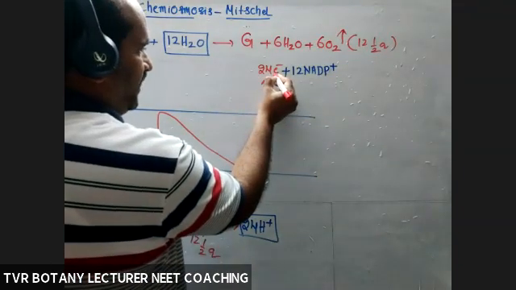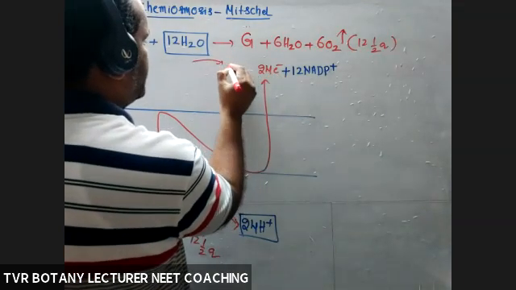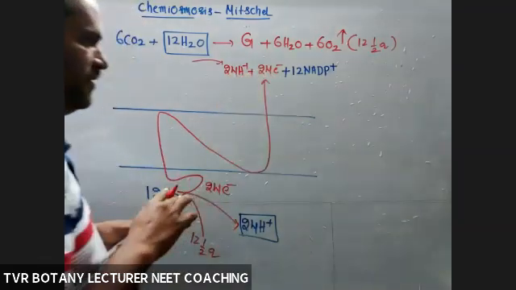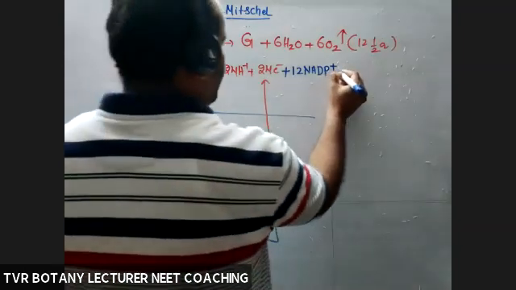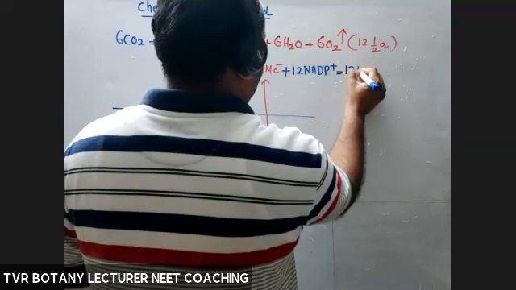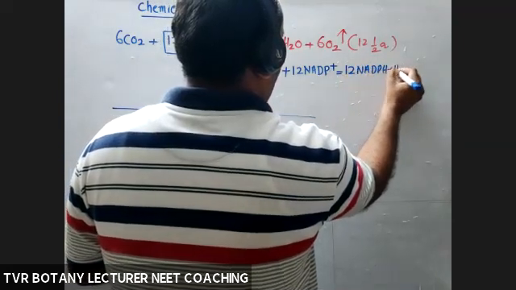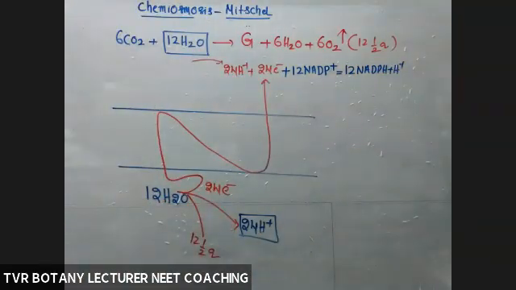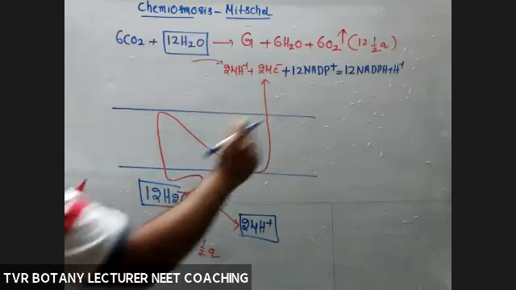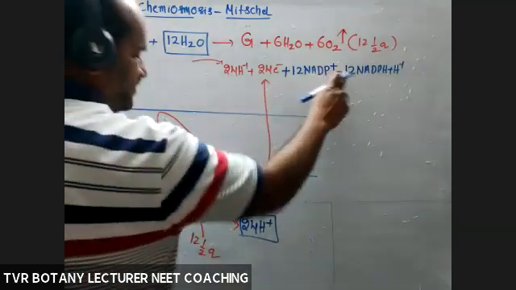So 24 electrons, and from the stroma, what about the number of H plus? 24 H plus coming from the stroma, with the help of the concerned enzyme, NADP reductase. The product is 12 molecules of NADPH plus. So the ratio between H2O molecules oxidized and NADPH plus produced is 1:1.